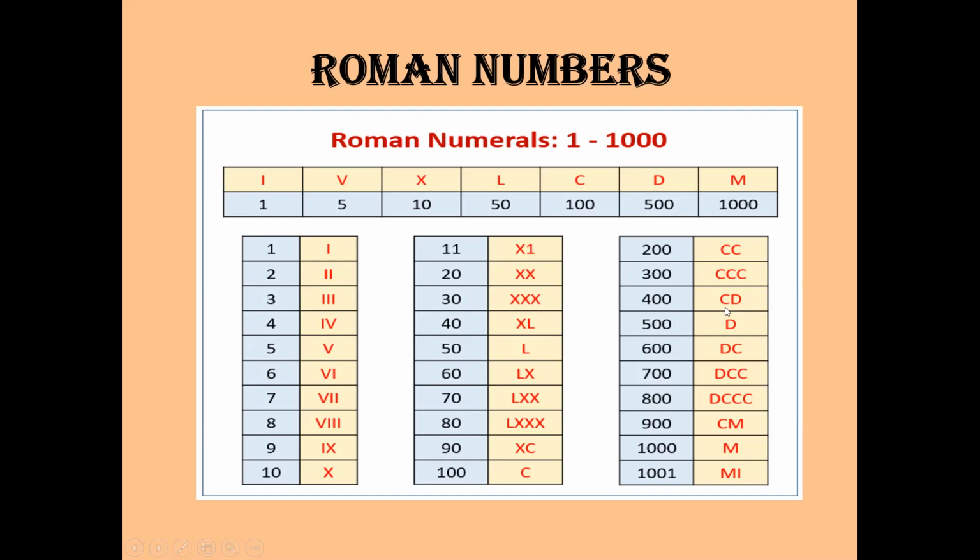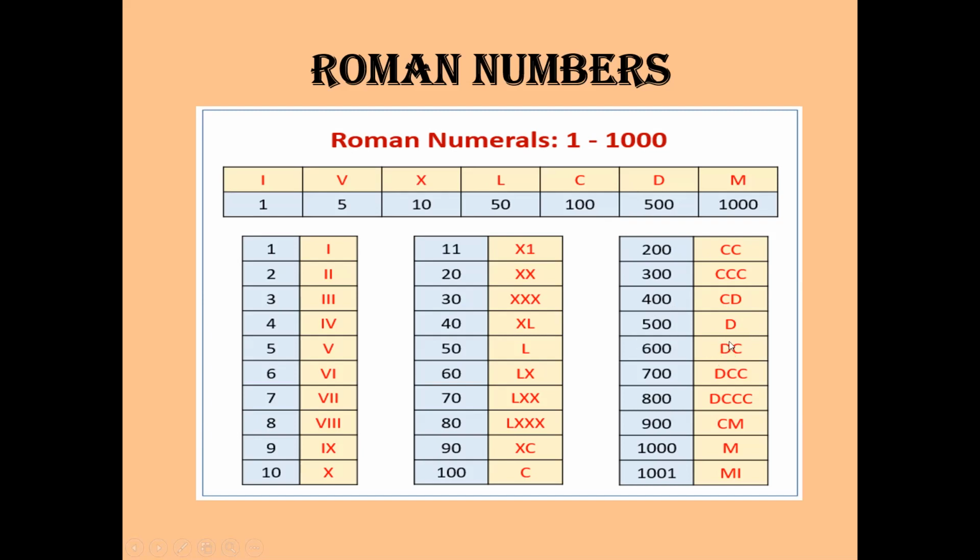Why do we subtract here? Because C, which is 100, is on the left side of D, 500. So we subtract 100 from 500, it will be 400.